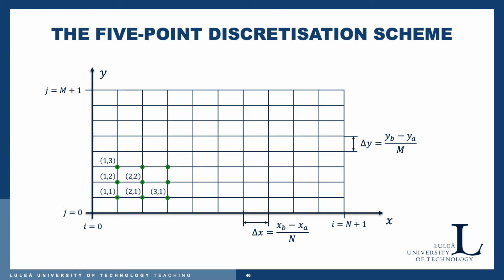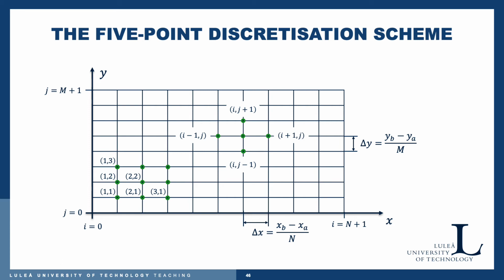In 1D, you remember we made finite differences over 3 indices for the second derivative term. But in 2D, we have 2 directions, and that means we have finite differences of 3 indices in both directions, and that's why we get a 5-point discretization scheme for a 2D Poisson type of problem like the one we are considering.